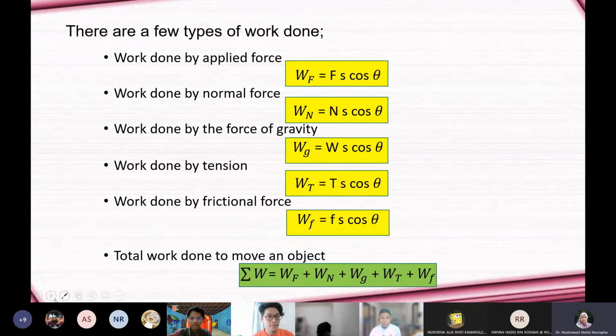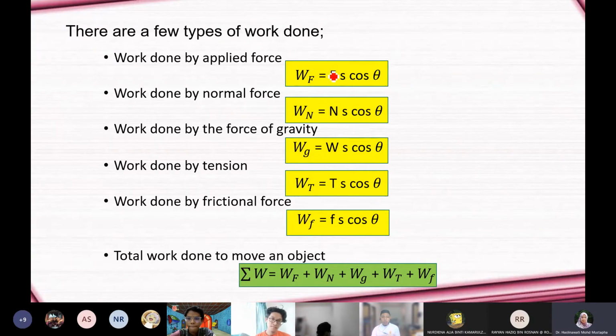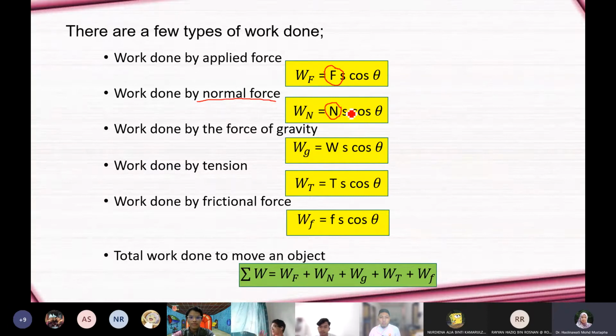So, apa yang membezakan dekat sini? Yang depan ni je lah. Kalau work done by applied force, F dekat sini. Kalau work done by normal force, N dekat sini. So maksudnya, kalau menggunakan Ns cos theta, theta di sini adalah angle ataupun sudut di antara normal force and the displacement, sudut di antara the direction of the normal force and also the displacement.